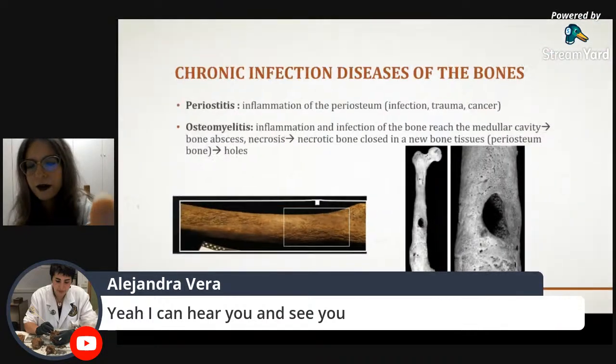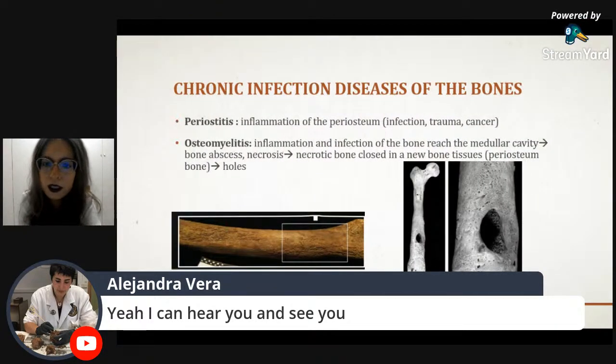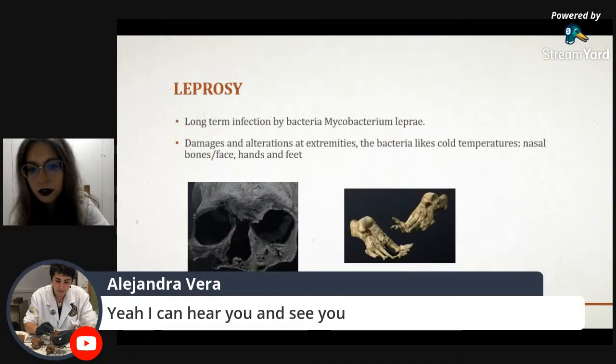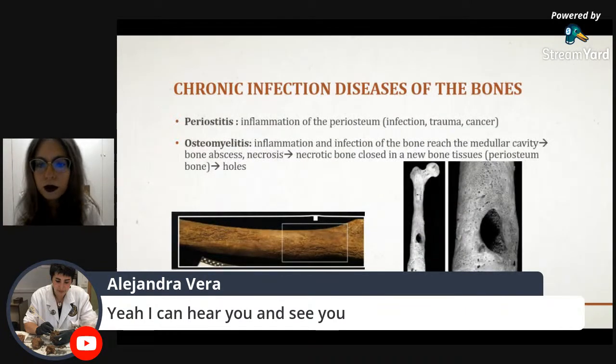And a very, very bad form of periostitis, when the periostitis and inflammation and infection reach the medullary cavity, the very center of the bone, the living part of the bone, could lead to osteomyelitis, which could lead to a bone abscess, which is a perforation in the bone.